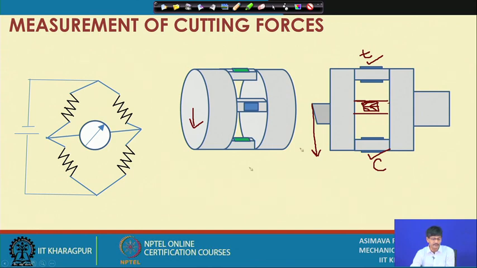Now, suppose we have a DC power supply, and these are the strain gauges. So, we put a strain gauge in tension at this place, a strain gauge in tension at this place, another strain gauge in compression at this place, and compression at this place.